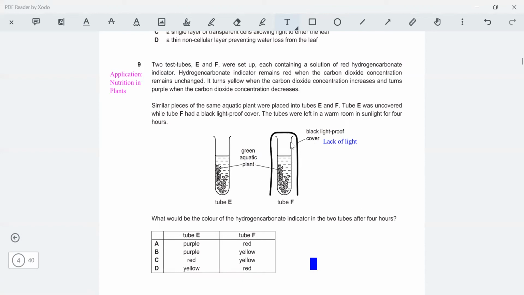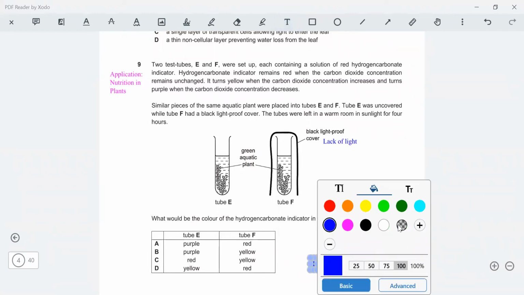So when you see lack of light, the automatic response would be what can the plant do with a lack of light? So without light, it's not able to go through the process of photosynthesis, and it's only able to do respiration. Whereas tube E would be able to photosynthesize and produce oxygen, hence lowering the concentration of CO2.